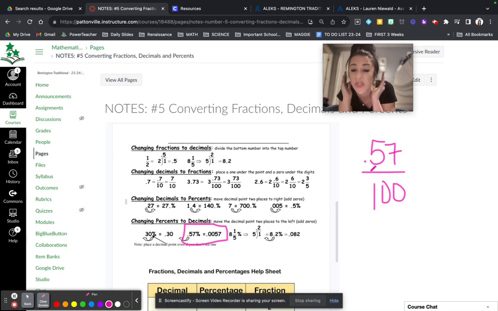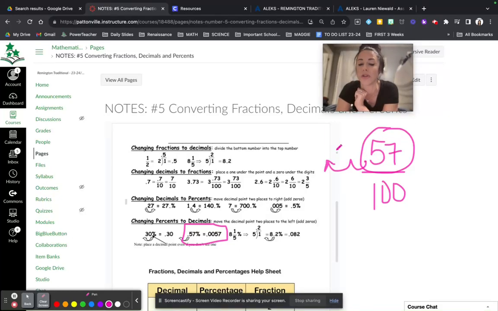I have to divide this decimal on top, right, by 100. I'm still going to start where my decimal point is at, and I am making my number smaller. So I have to move it to the left, and I have to go twice. So I'm going to go twice to the left, 1, 2, because that makes it smaller. That's where my new decimal place goes, and I fill the rest with zeros.